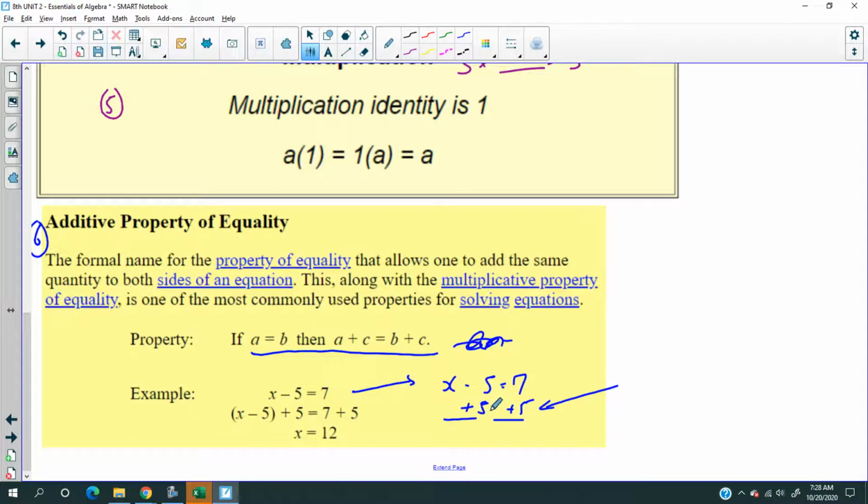If you multiply something on the left side, you have to multiply something on the right side, and so on and so forth. That phrase itself, the reason why you do that, is called the additive or multiplicative property of equality. It just means that if you do something to one side, you have to do it to the other. That's it.